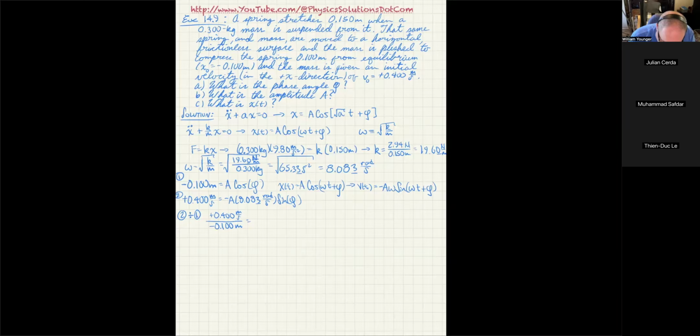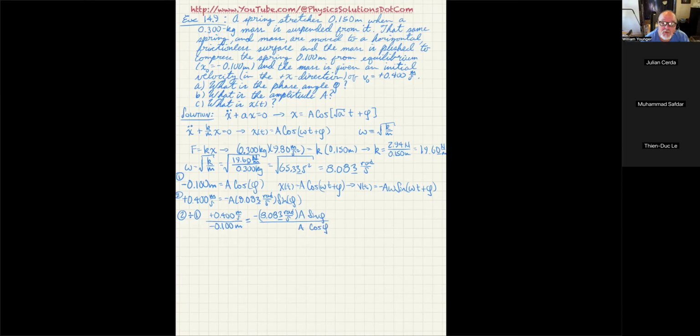Now we're going to take the right hand side of equation 2, which is negative 8.083 radians per second times A times the sine of phi, and then all of that divided by the right-hand side of equation 1, which is A cosine phi.